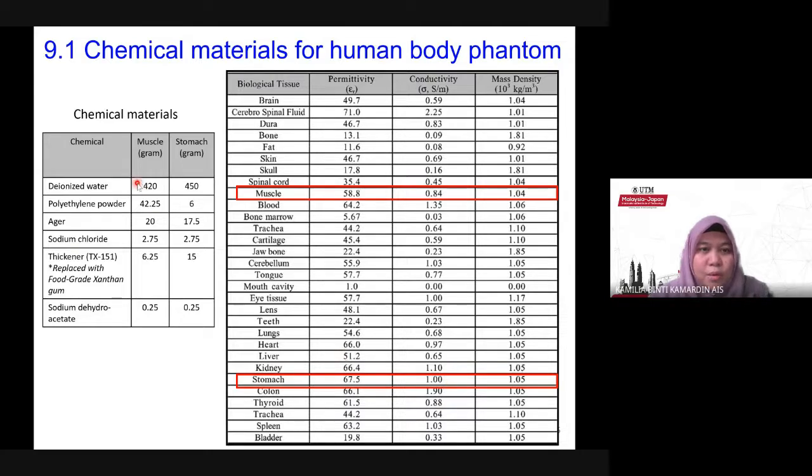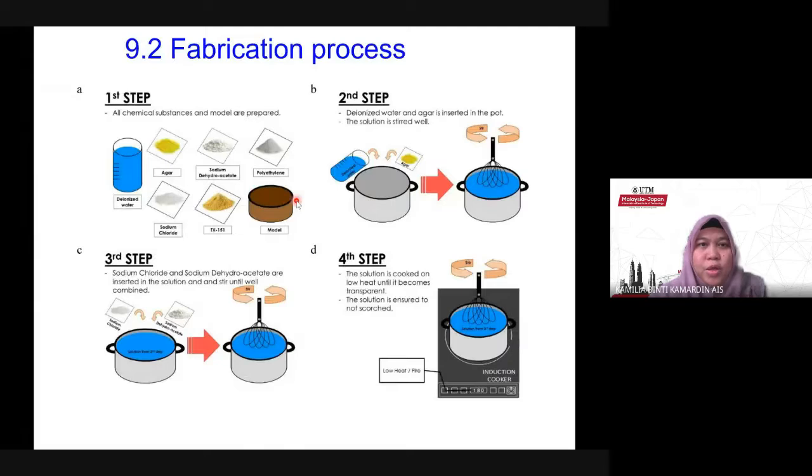So from our research, this is the ingredient recipe that we have researched, which can give the required permittivity and conductivity for muscle and stomach in order to mimic the actual body tissues. Okay, so basically the fabrication process has a couple of steps.